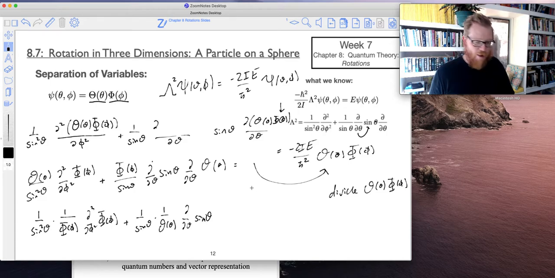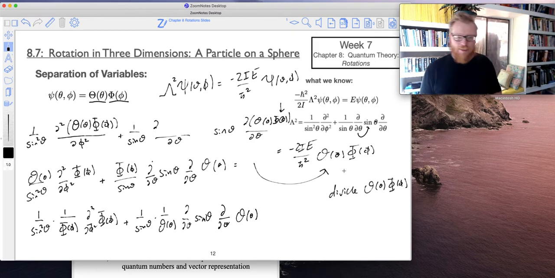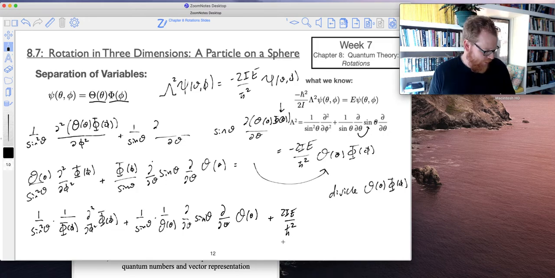In any event, now I've got the partial of theta sine theta, and then yes, brilliant, I still have my function right here, partial of theta. Then I'm going to add this part over so we can set all of this equal to 0. Of course, the theta and the phi have canceled, and so that all equals 0.